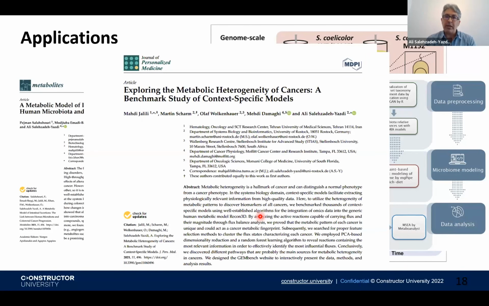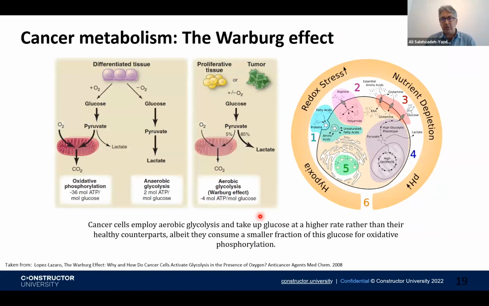Can we distinguish cancers by the metabolic pattern, and if they are different, can we find the most influential reactions that distinguish between the different cancers? We all know about the Warburg effect that goes back to the last century, when a German scientist discovered that the metabolism in cancer cells is completely different from normal cells or differentiated tissue.